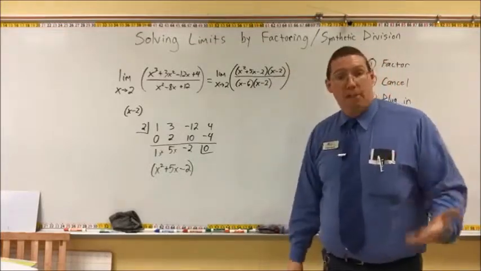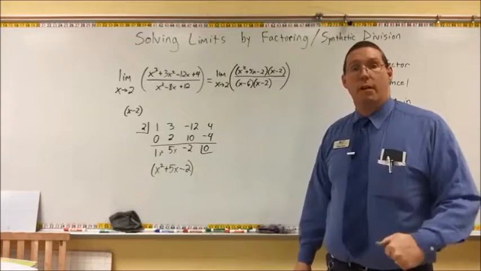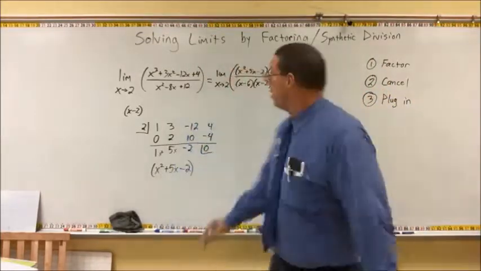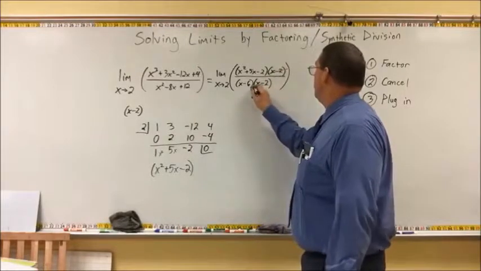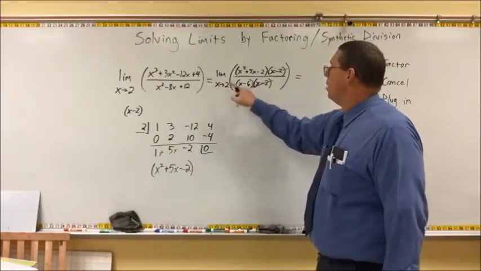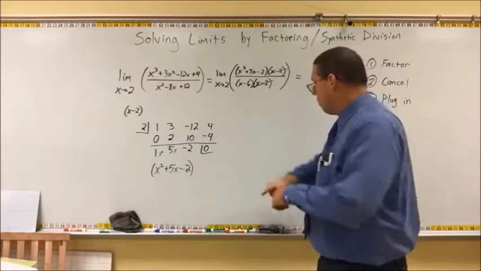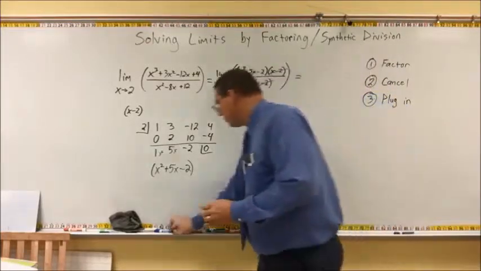So we have factored the numerator, we have factored the denominator. Now we can cancel and then plug in. So we're going to cancel the x minus 2's, and now we're going to plug 2 into the numerator and the denominator. So I'm going to use a different color here.